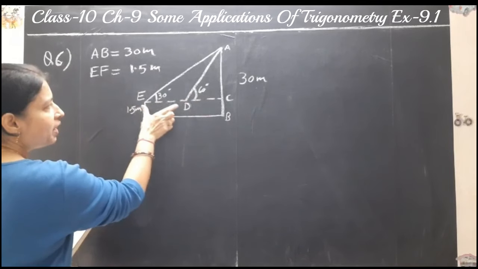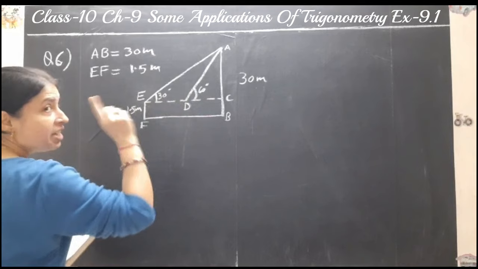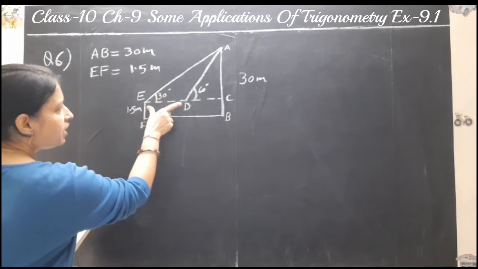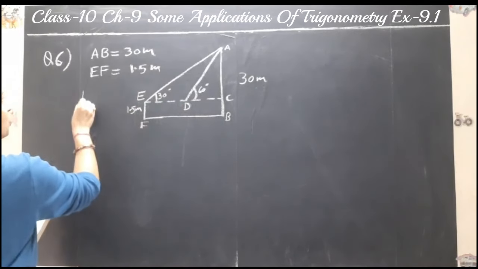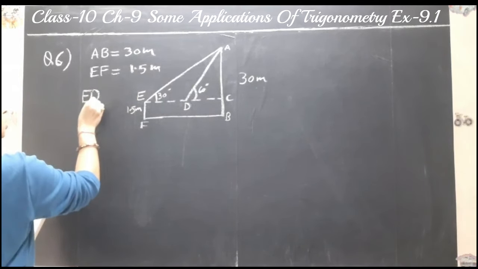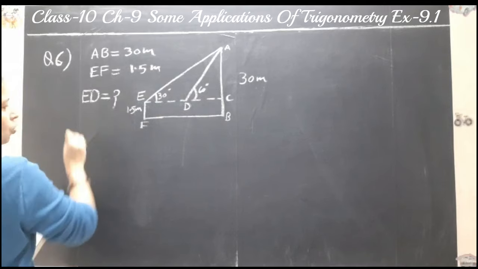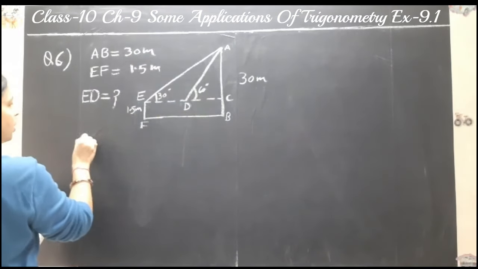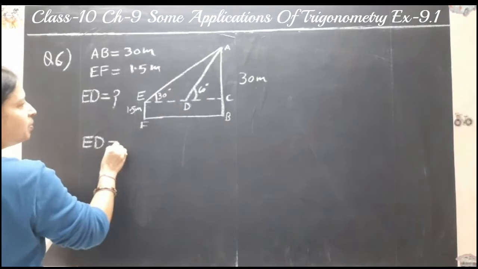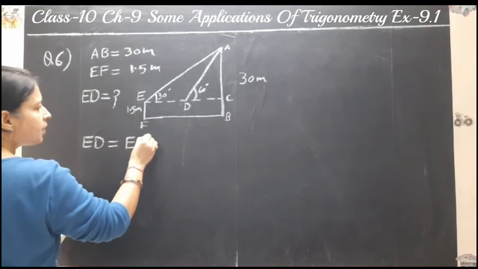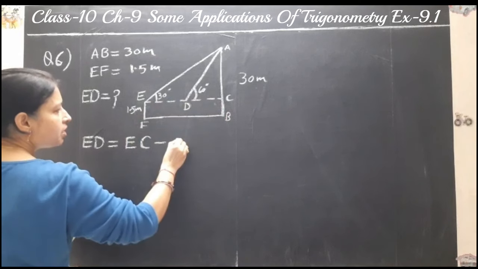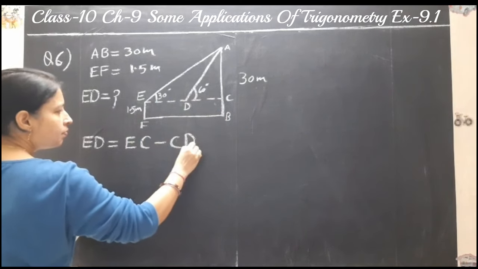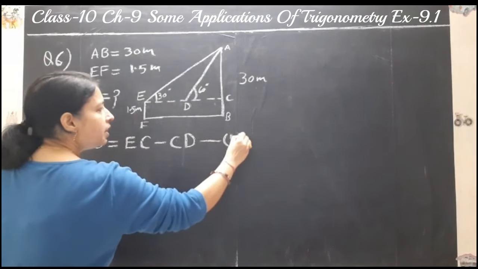Here we have to find out how much distance he traveled. So the distance traveled by him is ED. Here we have to find out ED. So what will be ED? We can say that ED will be EC minus CD. Right here equation 1.